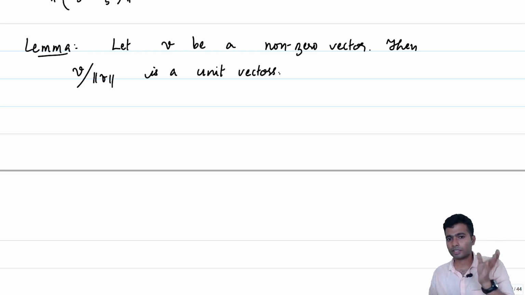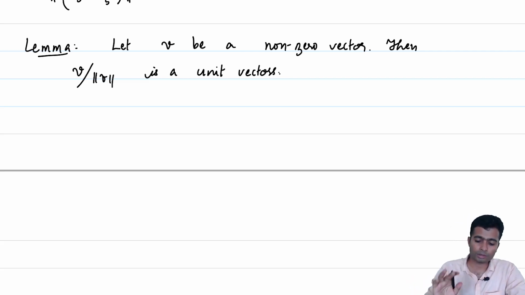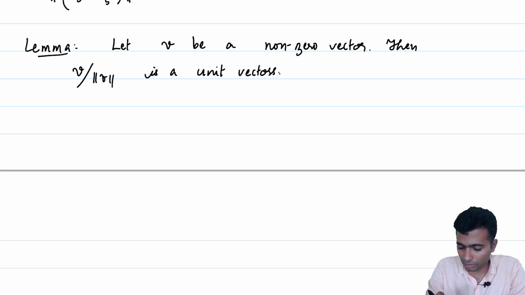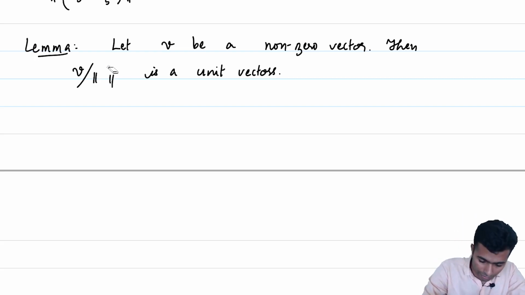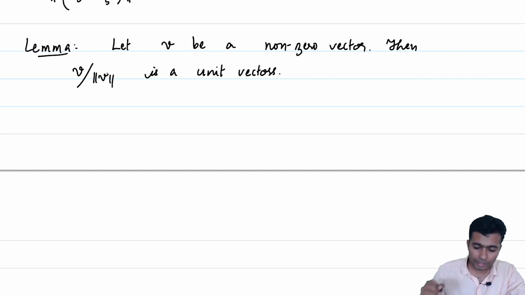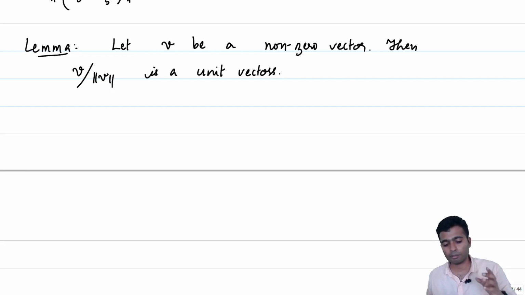We will first address the easier part of the problem, namely obtaining an orthonormal basis from an orthogonal basis. To do that, let's develop some theory to justify why it can be done easily. Let's start off with a non-zero vector and look at the vector given by v by length of v.